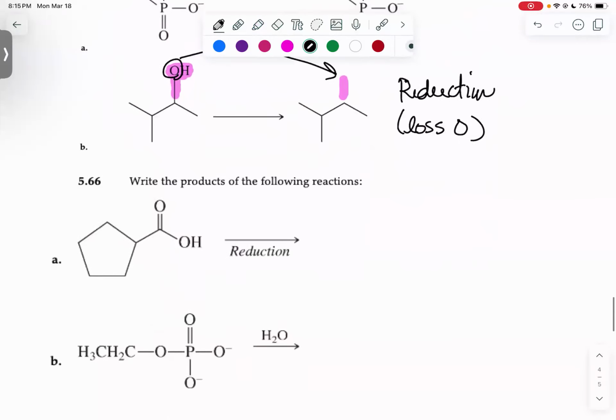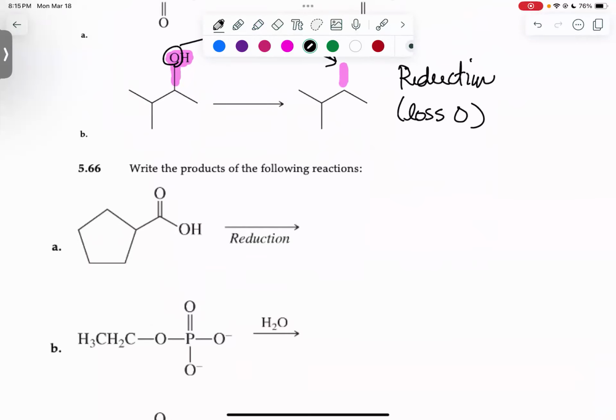Okay. All right. So now we're given the starting material. We're told what kind of reaction is going to happen, and then we have to predict the products. So if I look here, reduction. Well, what's going to be reduced? My functional groups are what are going to participate in these kinds of chemical reactions.